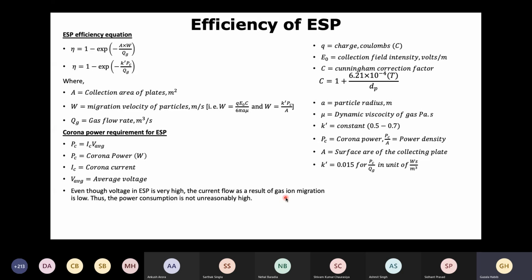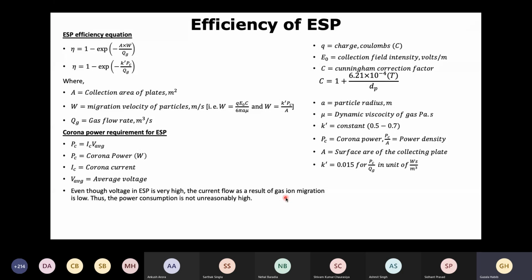Efficiency is equal to 1 minus exponent of A into W upon QG, or 1 minus exponent of K dash into PC upon QG, where A is the collection area of the collecting plate. There are two plates: one is the discharge plate, the other is the collecting plate.